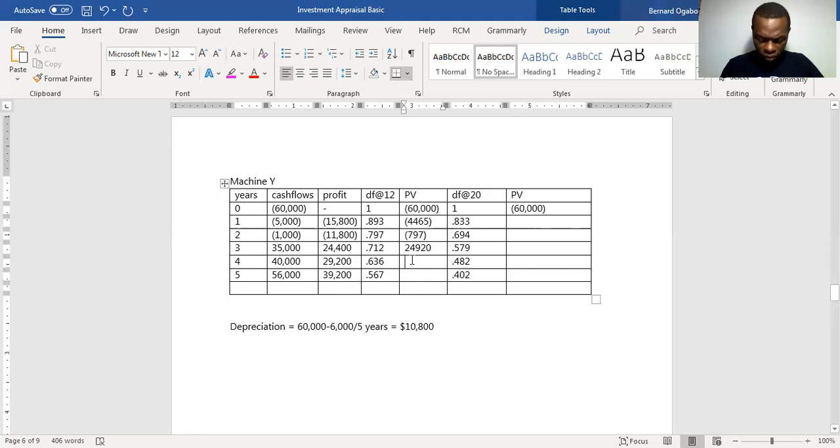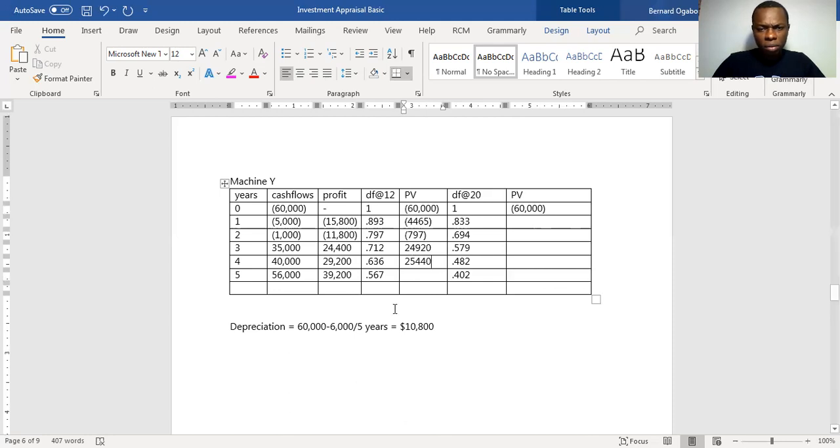We have 0.636 multiplied by 40,000. Remember, it's against cash flow, not against profit. That will give us 25,440.